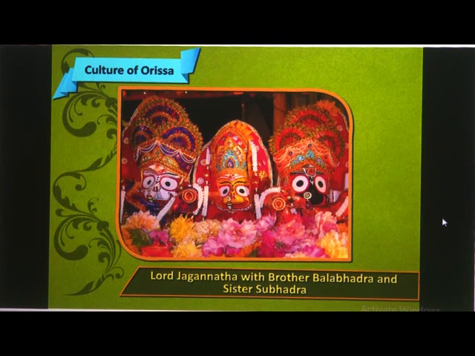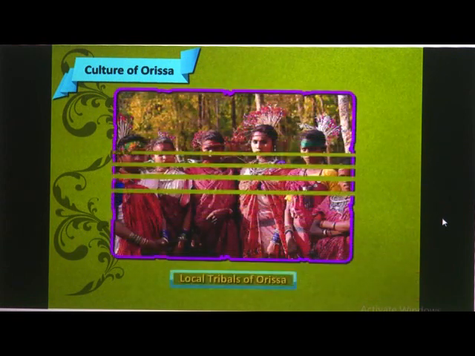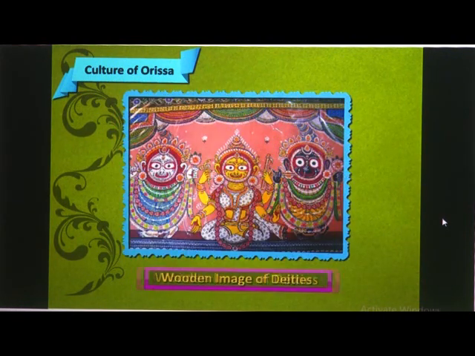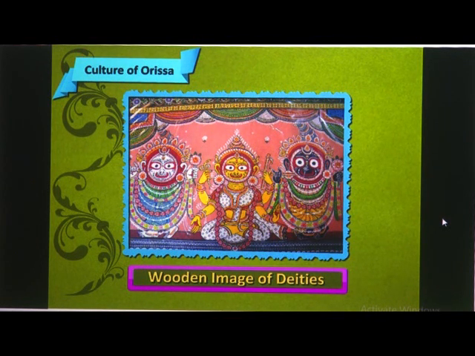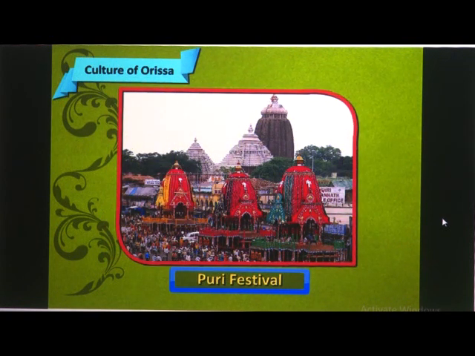Along with Jagannath, his brother Balabhadra and sister Subhadra are worshipped in the temple. Even in modern times, local tribals make wooden images of the deities for the Puri Festival, which forms an important part of the socio-cultural life of Orissa.